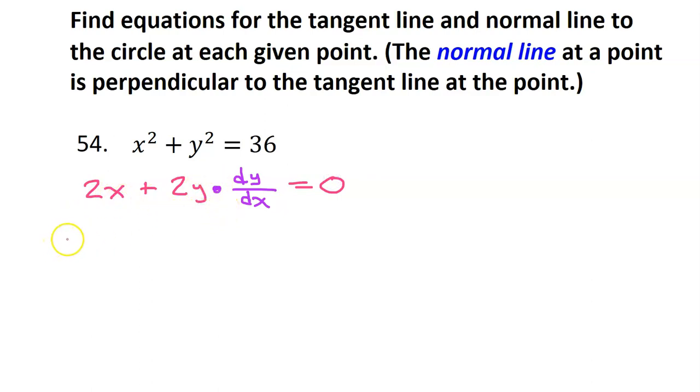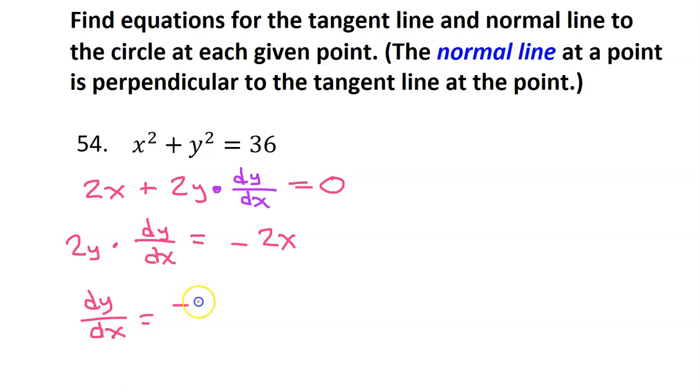Subtracting 2x from both sides, we have 2y times dy dx is equal to negative 2x. And then dividing both sides by 2y, we have dy dx is equal to negative 2x over 2y.